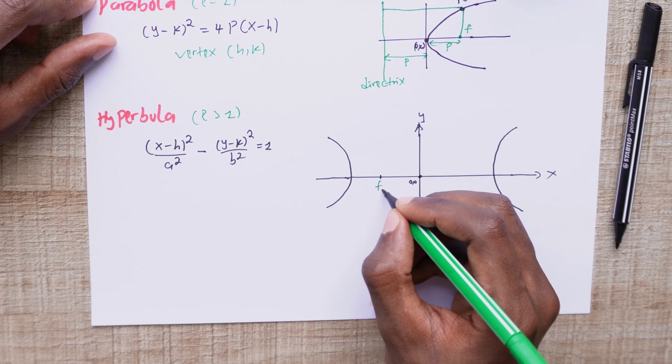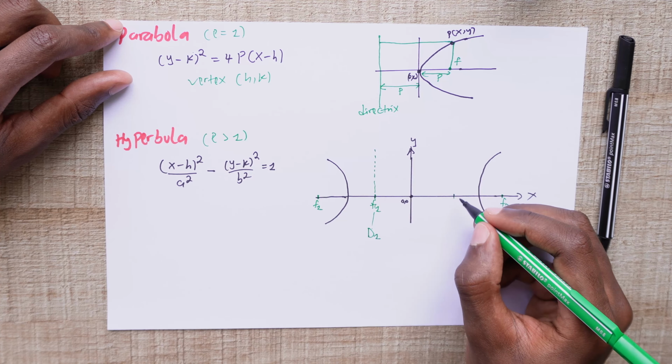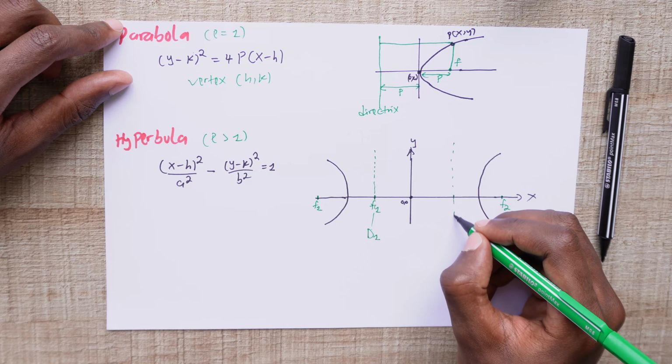So we're going to have F1 here, and you're going to have F2 right here. And again, you can imagine that we have two imaginary lines, in this case the directrices, D1 and D2.